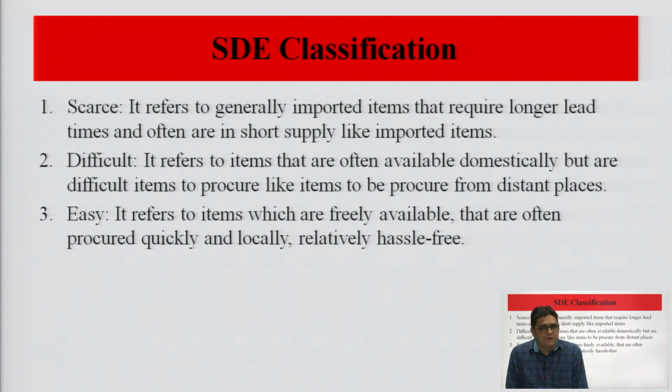We have seen around 2017 or 2018, coal was not available in much quantity in India, and it was difficult for all power companies to get it to run their power plants. At that point of time, since coal was in shortage, power companies were facing a scarcity of supply, and they classified it as a scarce item because it was difficult to obtain.